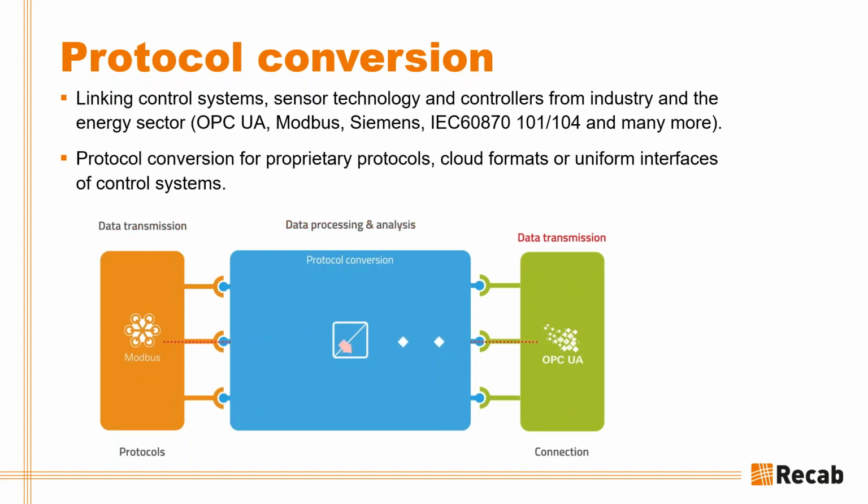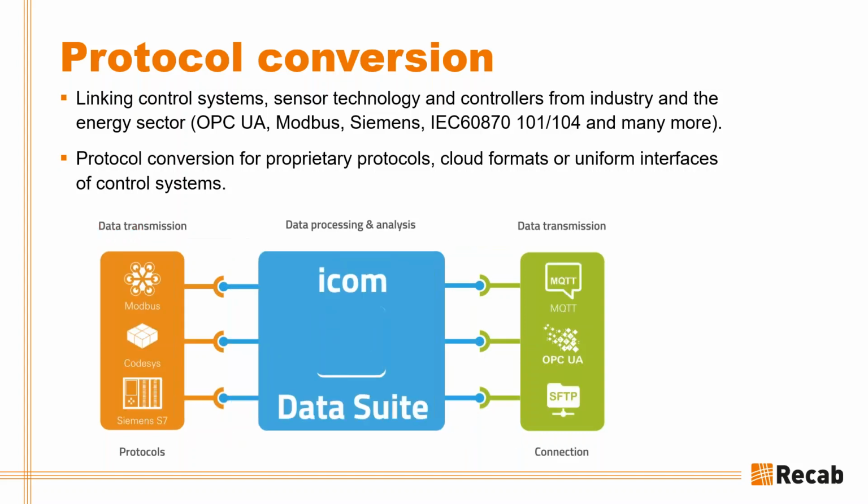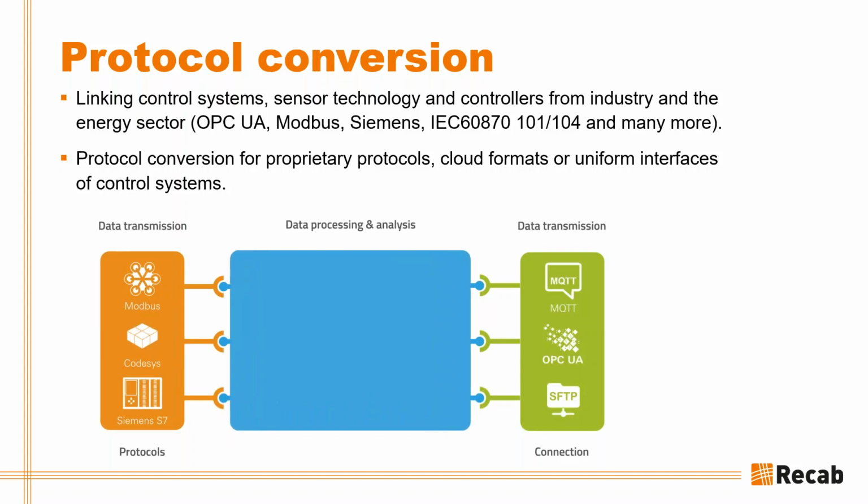So you see you have OPC UA, Modbus, Siemens, and many more. And then the router is doing the translation between those two. And you can also use it to send it to different cloud formats or things like that also.